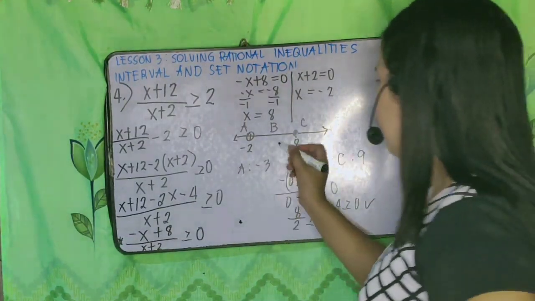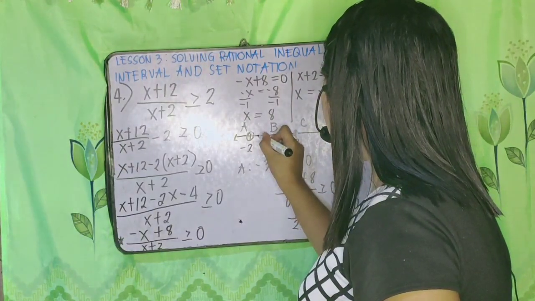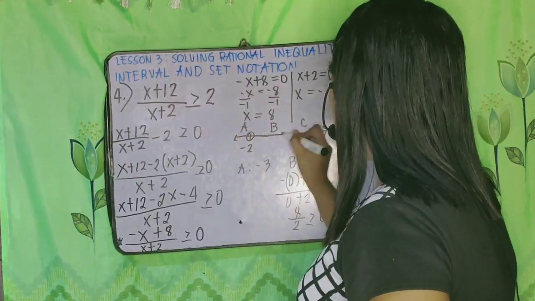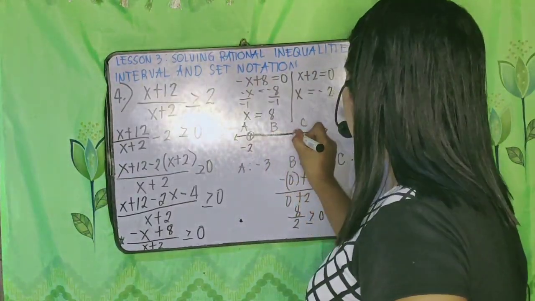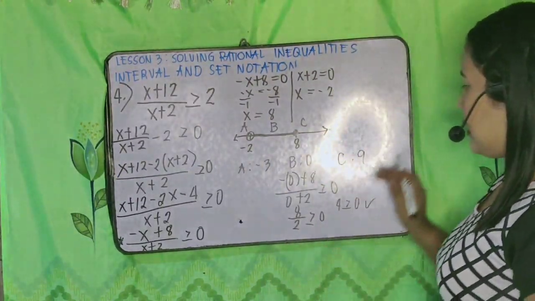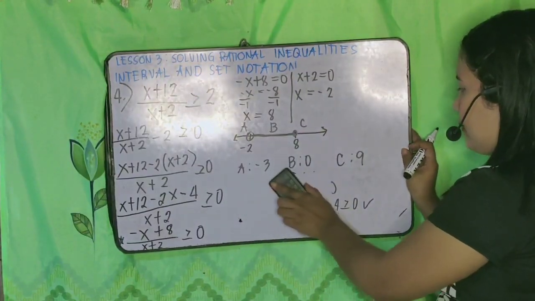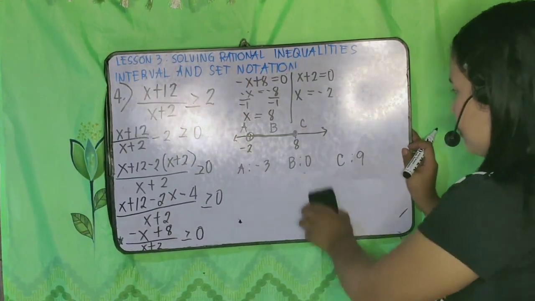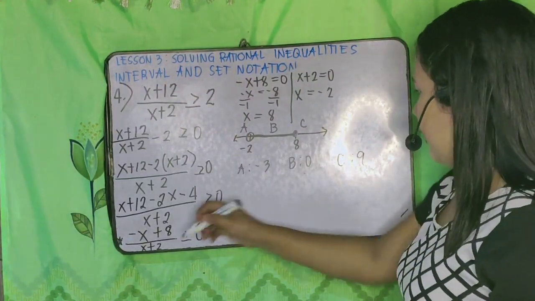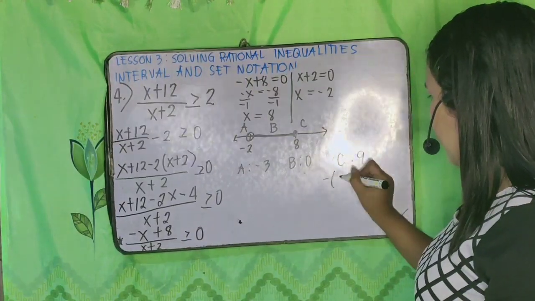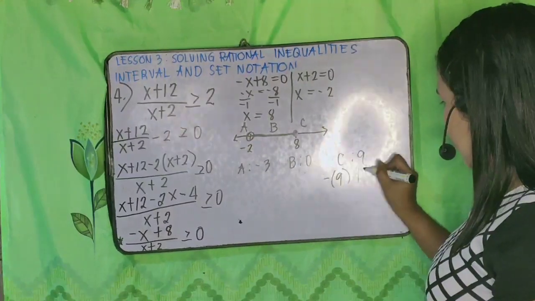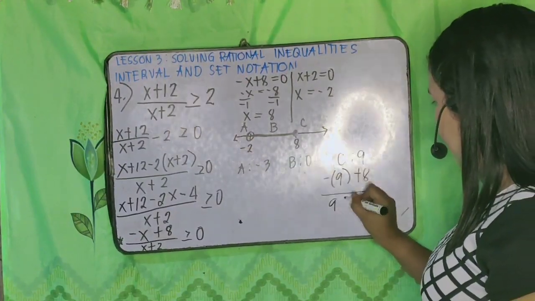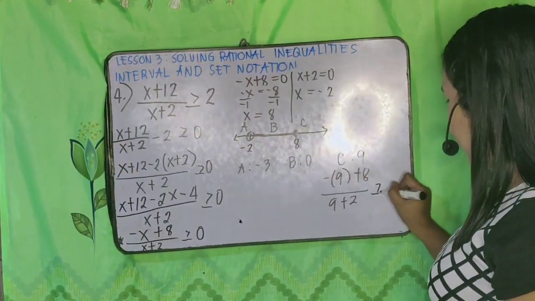So, ibig sabihin po, yung 0 is kasama po siya sa solution set or yung sa second interval natin. So, lalagyan po lang natin siya dito ng ganito. Yung parang double line lang natin siya. So, parang mapakita lang natin siya na yung second interval ay kasama siya sa solution set. Okay? So, next natin, yung C. So, still, negative x, palitan yung x ng 9. Then, negative 9 plus 8 over 9 plus 2 greater than or equal to 0.